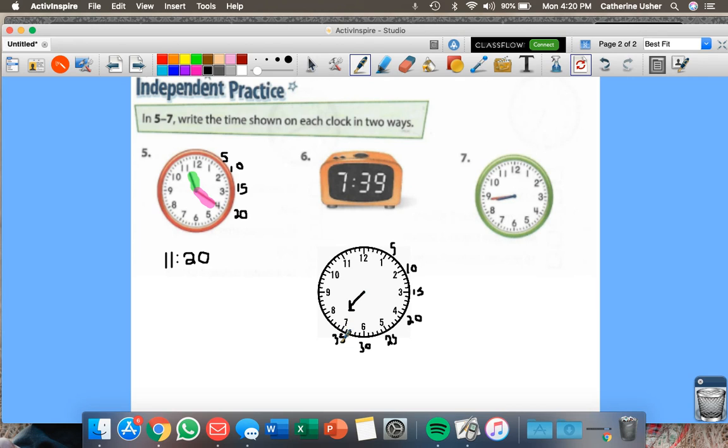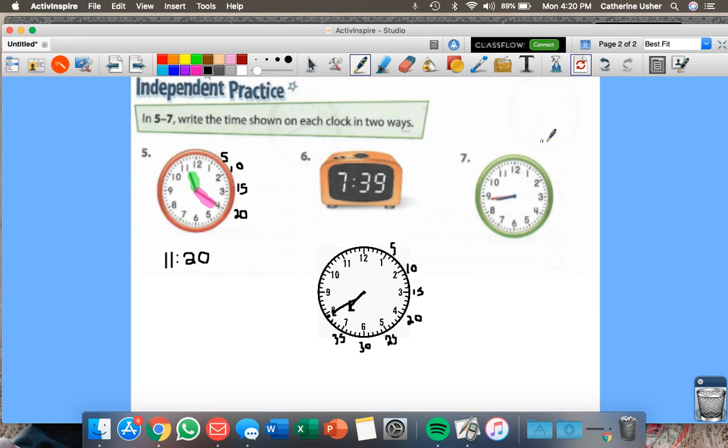I can do this either 2 ways. I can go to the 40 and then go back 1, or I can just go up 4. Because this is at 35, 36, 37, 38, 39. So I actually want my minute hand pointing right about here. Okay, so that is the same time on an analog clock.